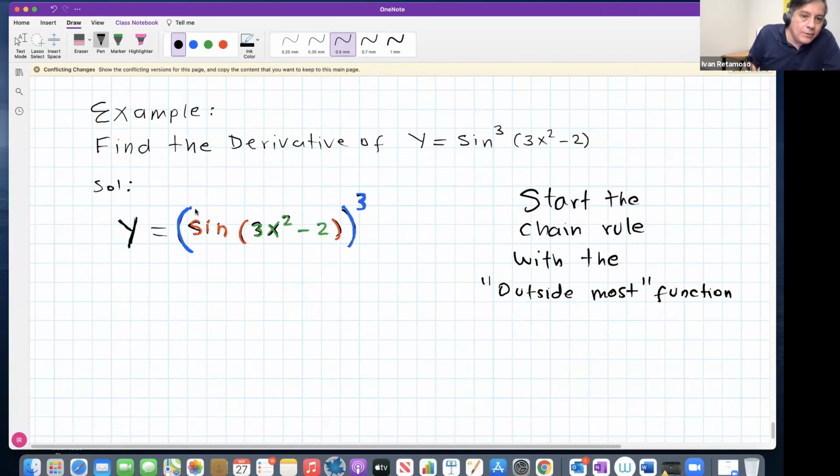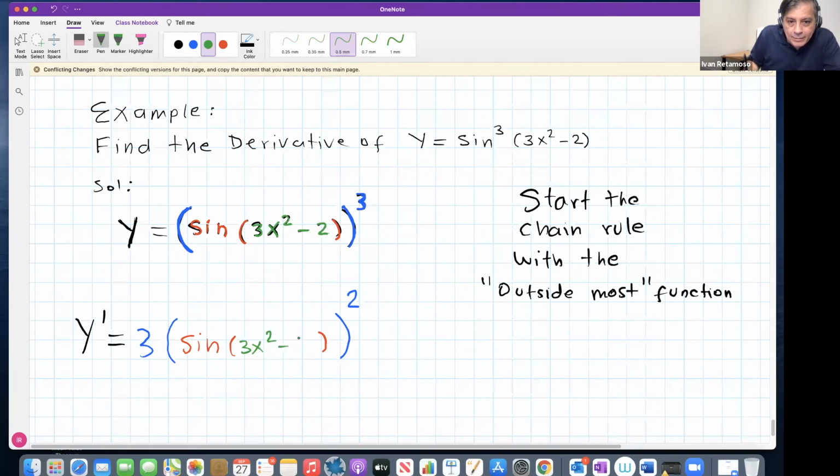What would be the outsidemost function? This cubic function, right? Let's start with that. So the chain rule will say, take the derivative of the outsidemost function, this cubic function, right? It will be 3 times something raised to 1 less, raised to a second power, right? This stuff inside remains the same for a moment, right?